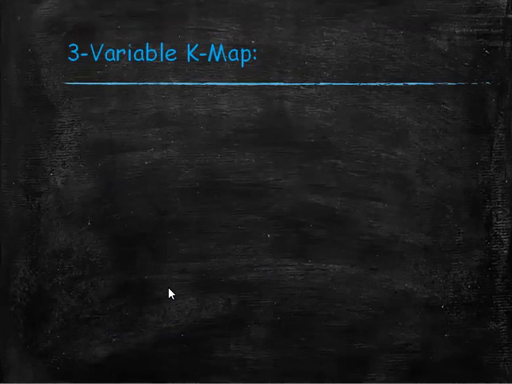In the previous class, we have discussed how to minimize 3-variable Boolean expression and 4-variable Boolean expression using K-map.